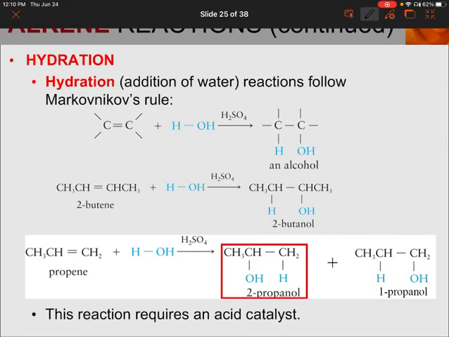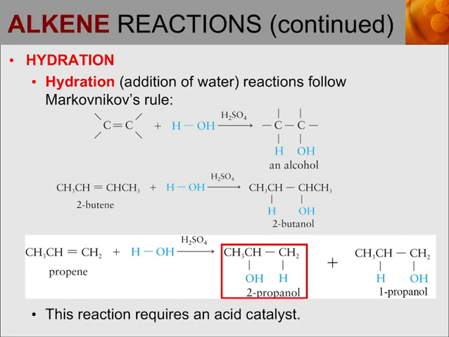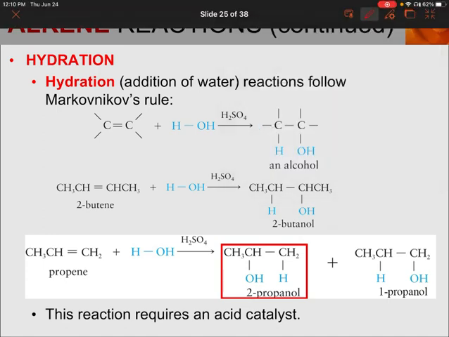Okay, so next, let's talk about hydration. So in a hydration reaction, we're adding water across a double bond. So that might sound a little strange, right? How do we add water across a double bond? Well, what we're really doing is, again, we're breaking our double bond, and then we're going to break the bond between one of the hydrogens on water and oxygen.